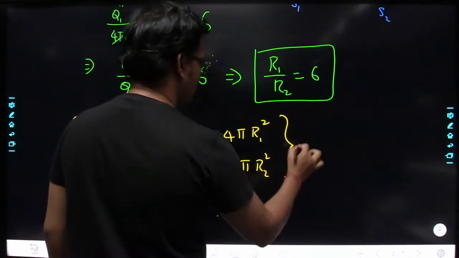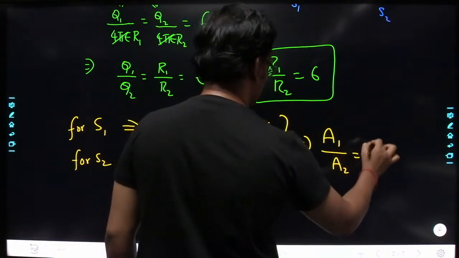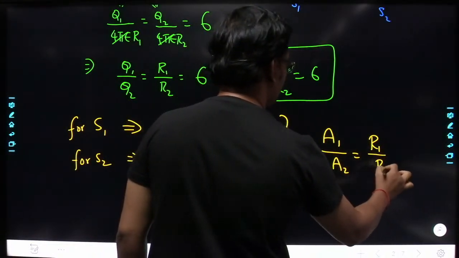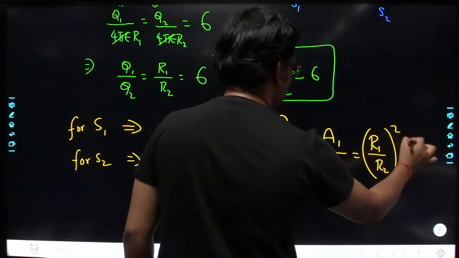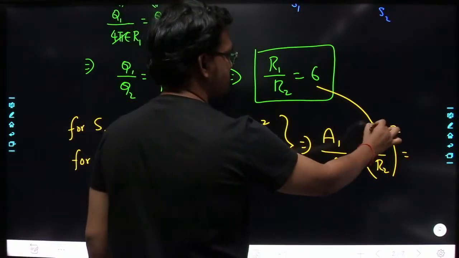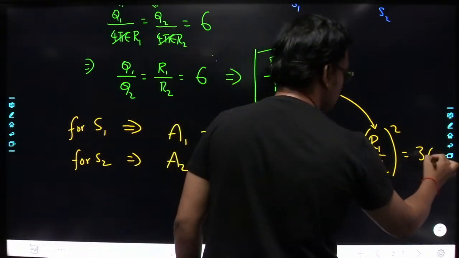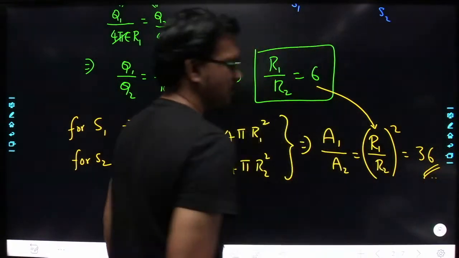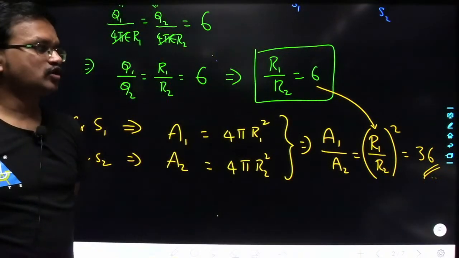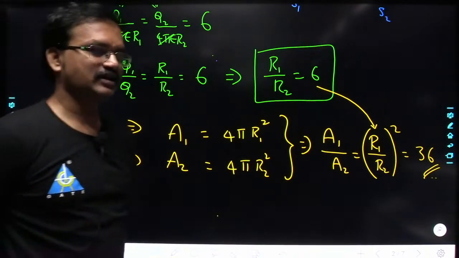So A1 by A2 is equal to R1 by R2 whole square. R1 by R2 is 6, so substitute it: 6 square is equal to 36. So this is the ratio of the surface areas of the two spheres, which is 36.